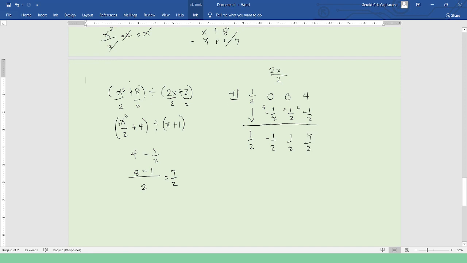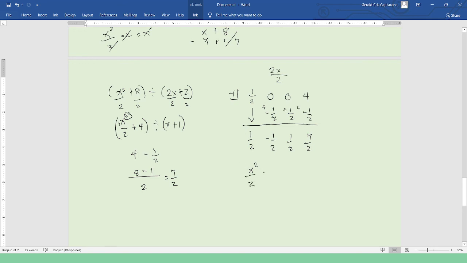Sa pag-write ulit, balikan lang natin yung ginawa natin kanina. Para dito, tingnan mo ulit yung dividend mo. Kunin mo yung pinakamataas na exponent. Ang pinakamataas na exponent mo ay 3, so isulat mo lang yung 1 degree lower than that. That will be x squared. Lagay mo lang tong coefficient na 1/2.